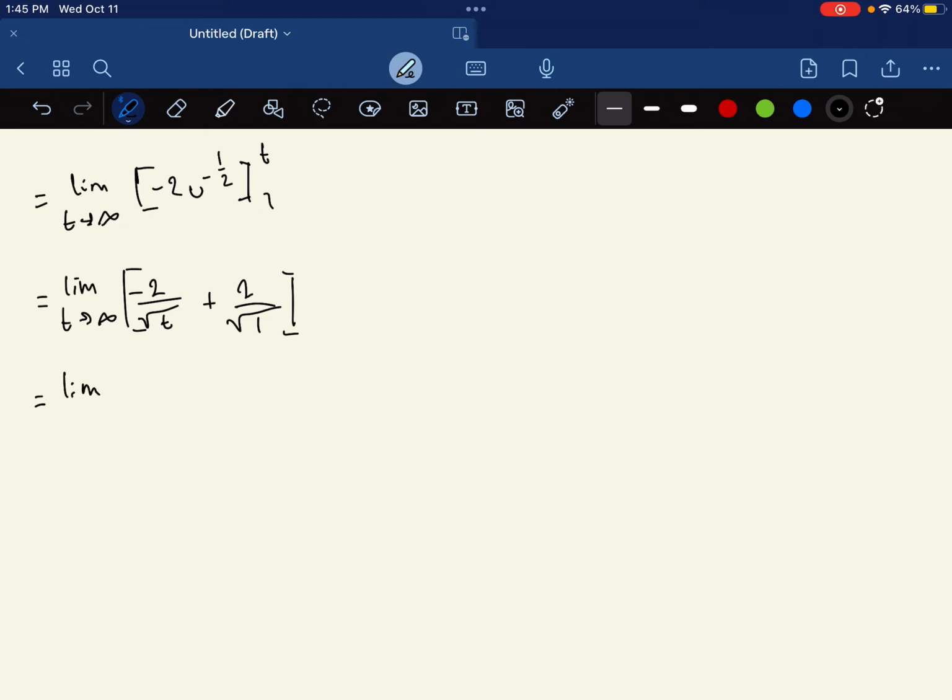Because the first term approaches 0 as t approaches infinity, we'll just evaluate it now, and the limit as t approaches infinity of this is just going to equal 2. And therefore, it implies that it's convergent.